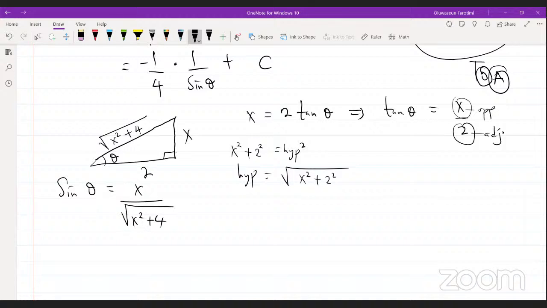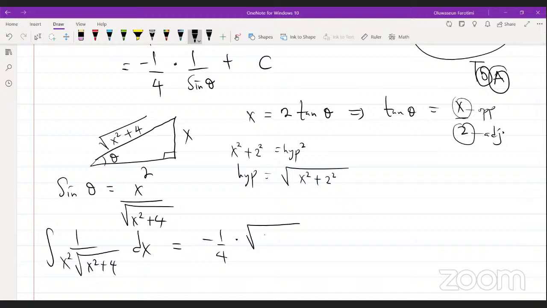So now I'm ready to plug things in. This is the original question I started with. This becomes -1/4 multiplied by 1 divided by sine of theta, right? But sine of theta is a fraction. Keep in mind the change flip. So this goes to square root of x squared plus 4 over x.